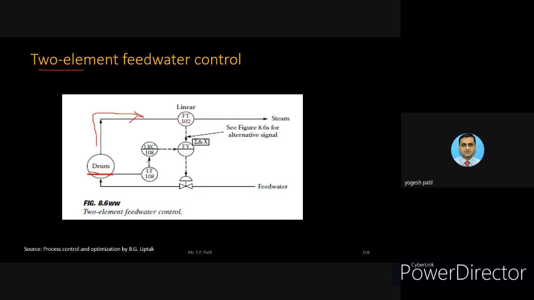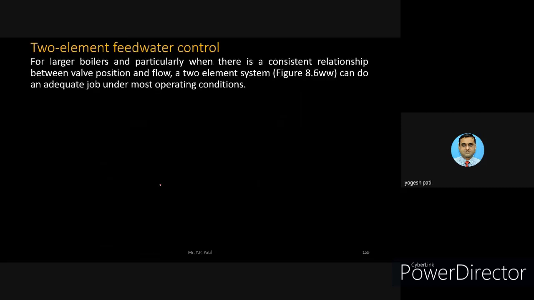With the help of this level, it gives a signal to the cascade controller, and by measuring this flow rate, it can manipulate the feed water valve. Depending on the requirement of steam, how much steam is required for the building, it can manipulate the flow rate of this feed water. So this is a very simple arrangement of two element feed water control.